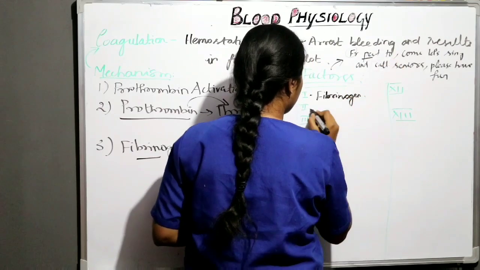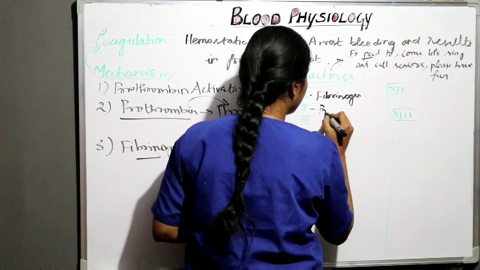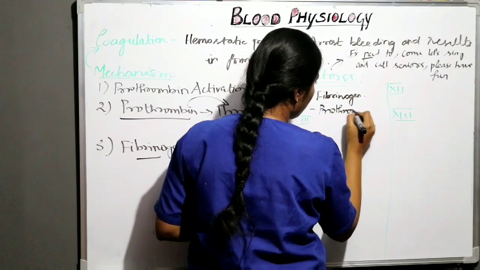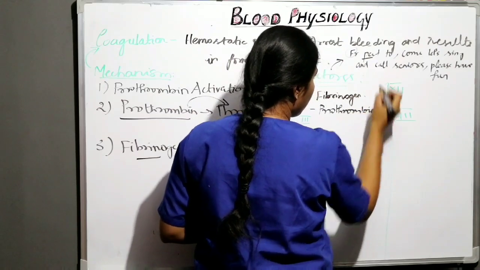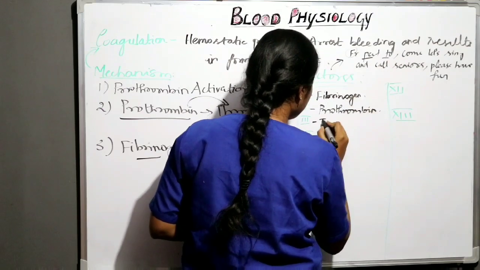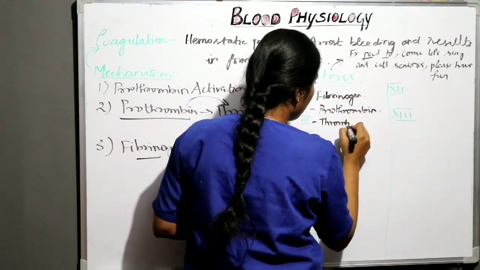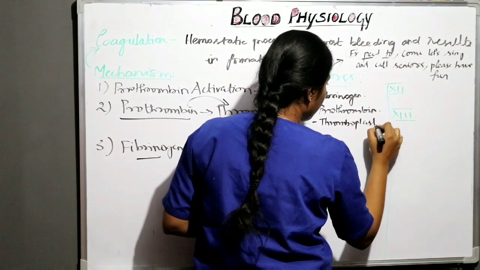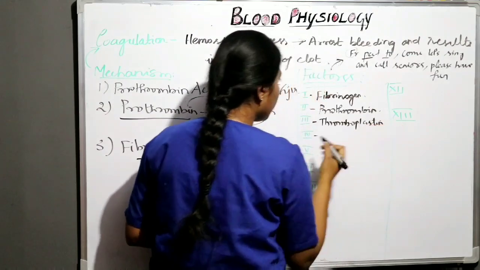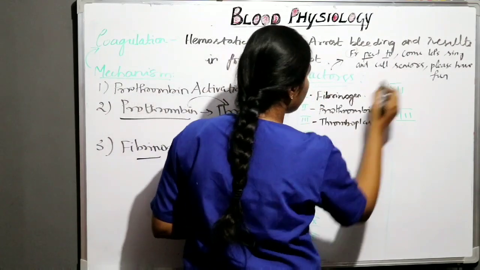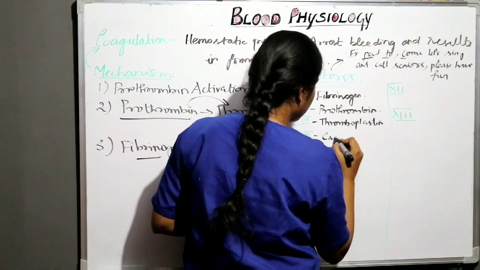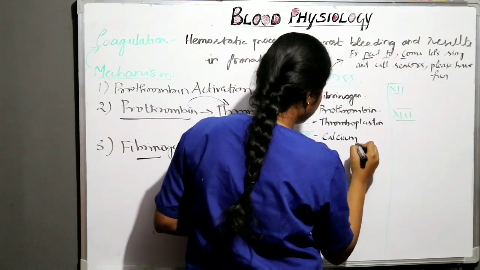And the second one is prothrombin. The third one is thromboplastin. The fourth one is calcium.